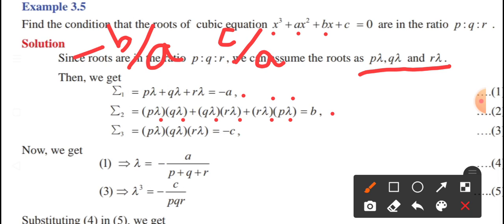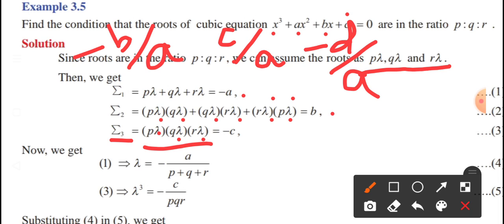Next, the last one, sigma 3. Sigma 3 means what? You say yes, the product of the three roots. Here the three roots are p lambda into q lambda into r lambda. What is the formula? Minus d by a.